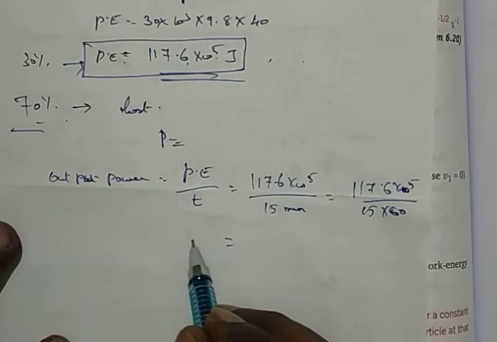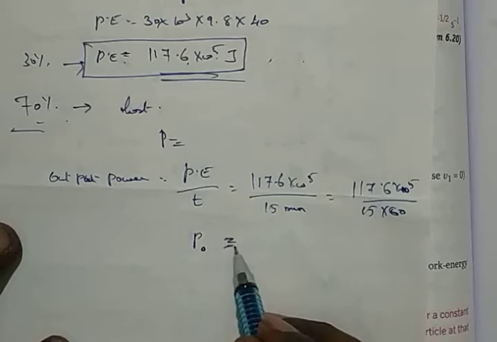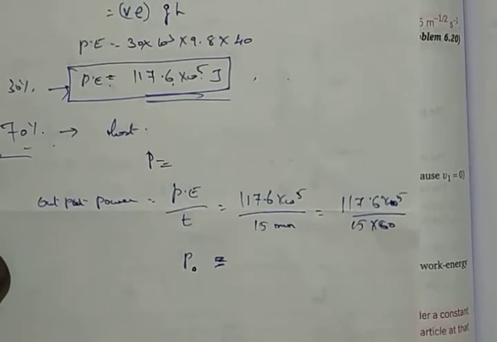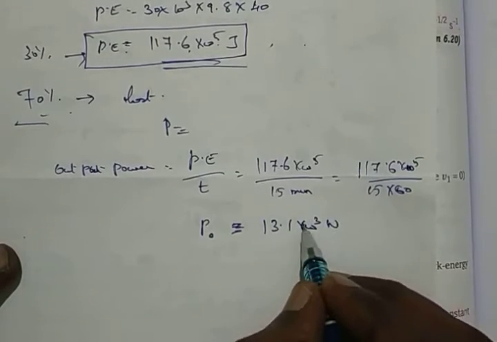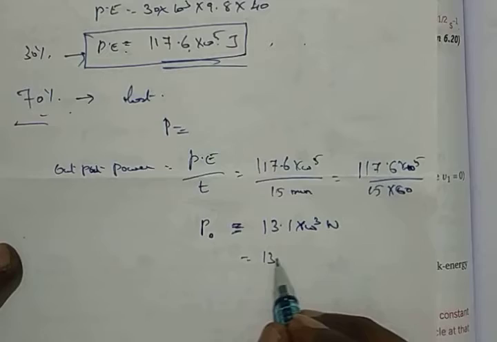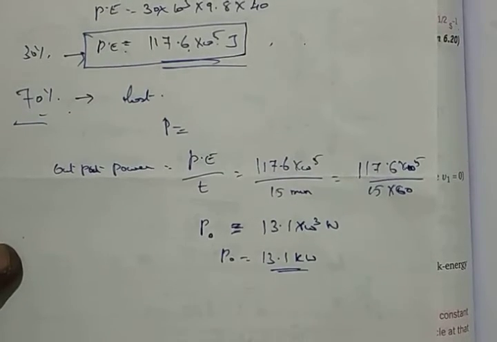That will be the power output, right? So what is the power output if you calculate? It will be 13.1 into 10 to the power of 3 watts. In other words, it is 13.1 kilowatt you can write. That is the power output.